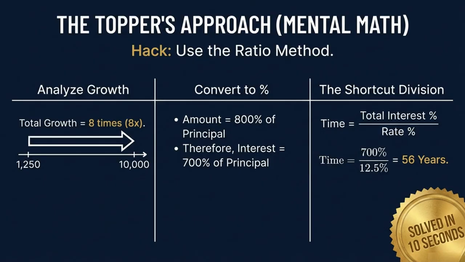Now convert that into time. Simple interest is linear, so time is just total interest percentage divided by the rate. So we take 700% and divide it by 12.5%, and instantly we get 56 years. No long equations, no unnecessary steps. This is how toppers save time and beat the test.